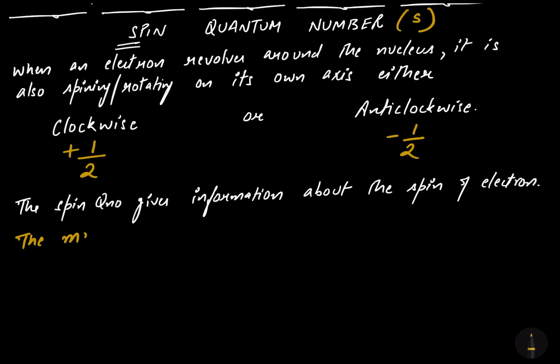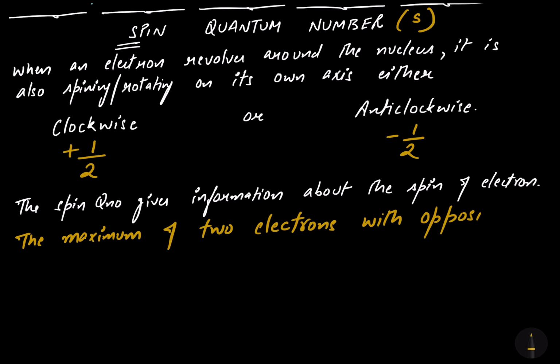The maximum of two electrons with opposite spin can remain in one orbital.